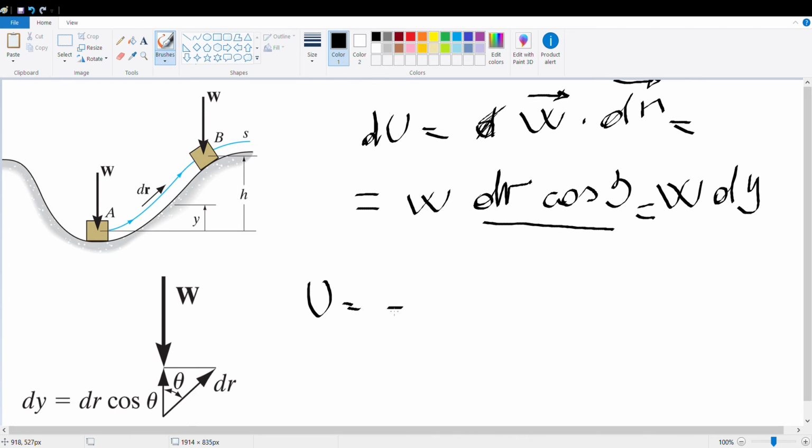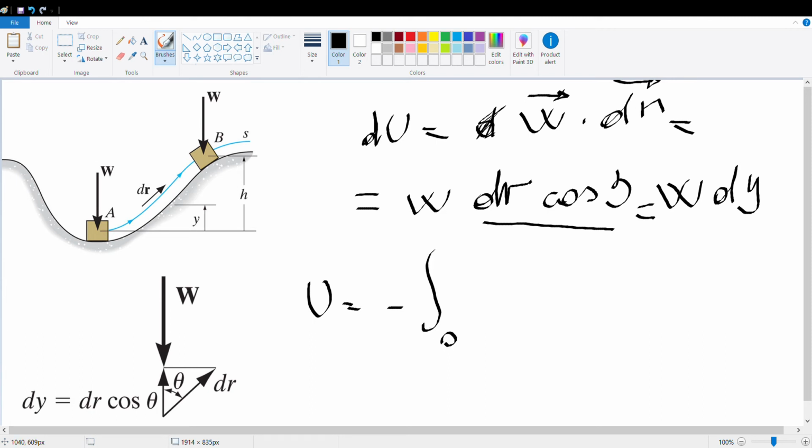It's going to be negative because the weight is in the opposite direction of the displacement. I'm lifting the box, so the displacement is going up, the weight is going down, so the scalar product will have a negative sign.